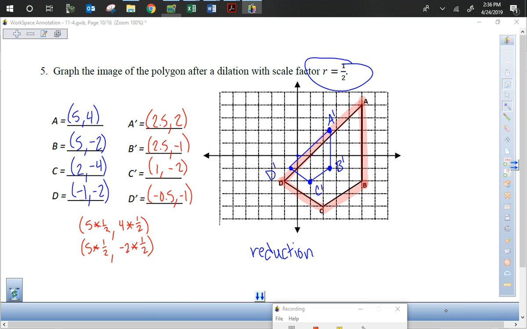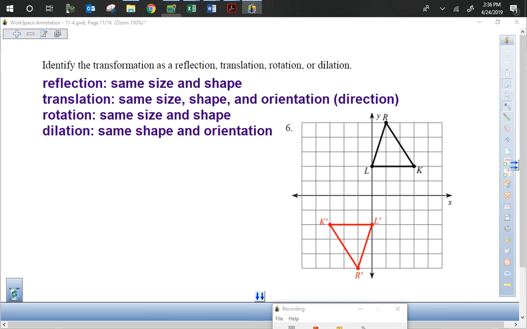Looking back at these, they weren't the same size. So dilation is the only one that's a different size, so that should be very obvious for us. Translation is the only one that has the orientation stay the same, so if it starts pointing up, it stays pointing up. The only thing we have to really worry about is the difference between a reflection and a rotation.